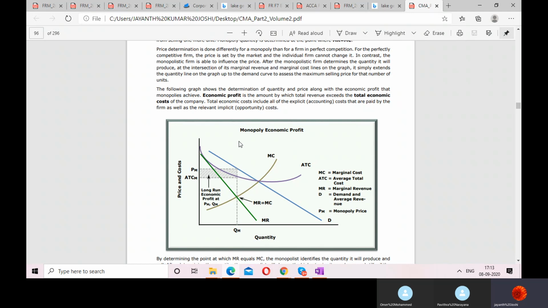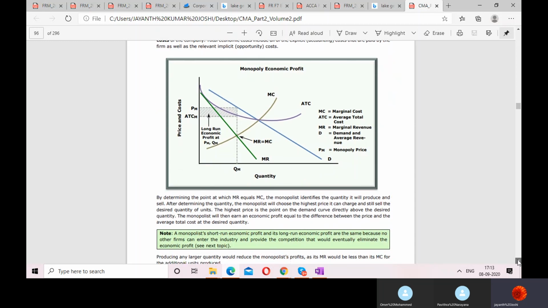And here you can see the revenue curve is touching the demand curve. This is the profit zone, because the break even has been achieved, the average total cost is the least, and here he will be achieving the profits. Let's move forward.